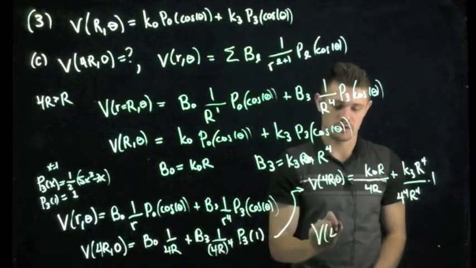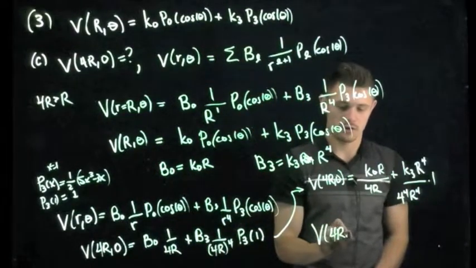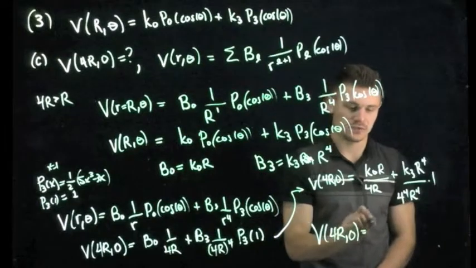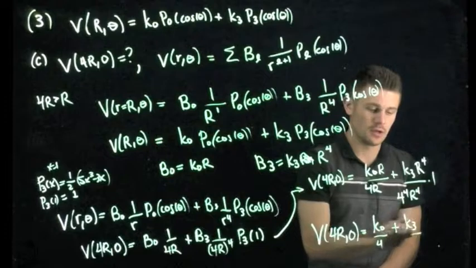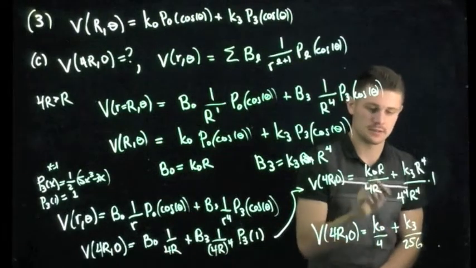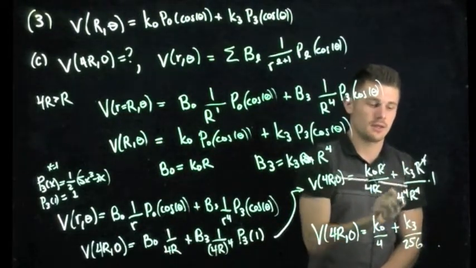And our final potential at the position 4R and 0 is just equal to K0 over 4 plus K3 over 256, since this R and that R cancel, and that R to the 4th and that R to the 4th cancel.